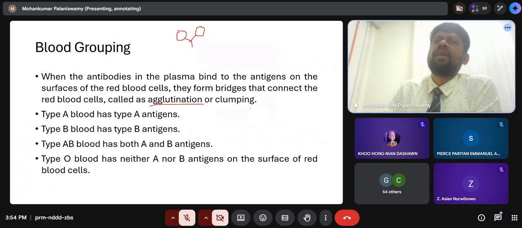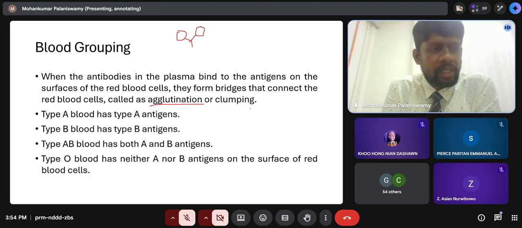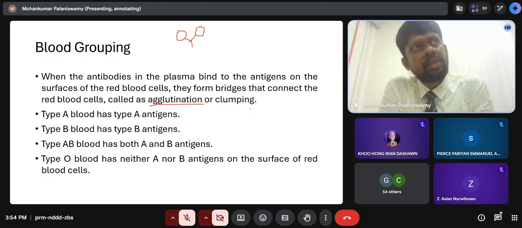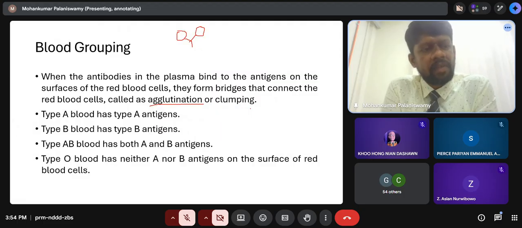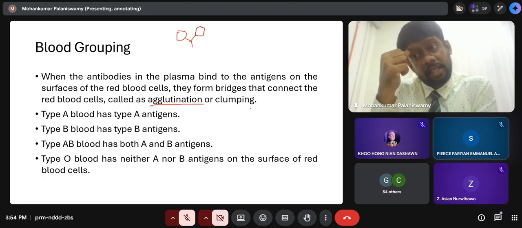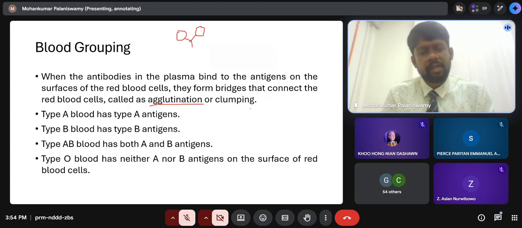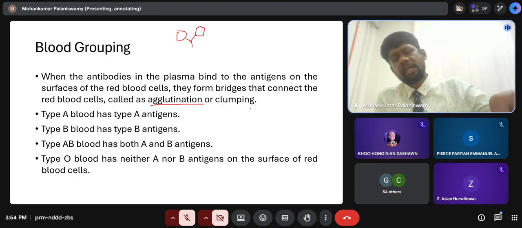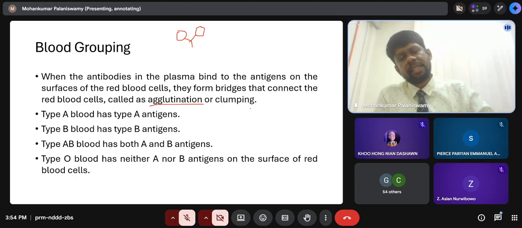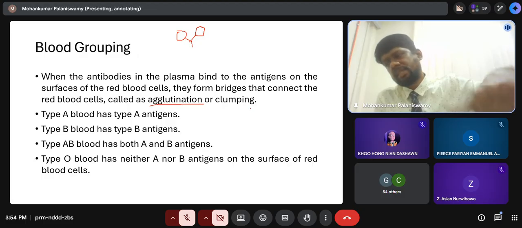Do you know clumping? Have you ever seen a video, there are multiple videos on YouTube, where they explain what happens to the human blood when a snake bites us? Yes, doctor. They take the human blood from a vein, pour it in a beaker, then add the snake venom to the beaker and mix it.